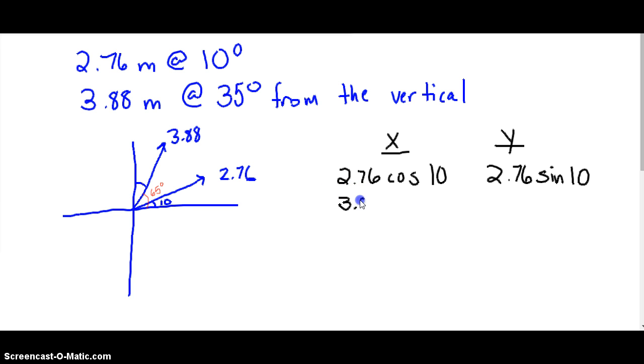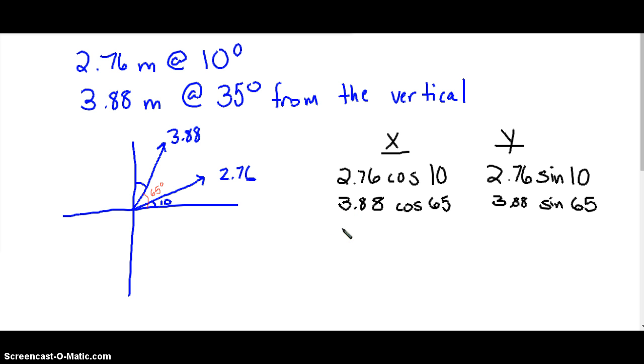For the other vector, you're going to get 3.88 cosine of 65 and 3.88 sine of 65. You could have also done sine of 35 for the x and cosine of 35 for the y. There's several ways to go about doing these problems.